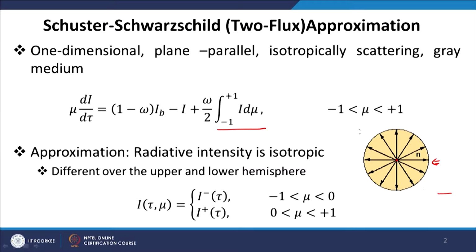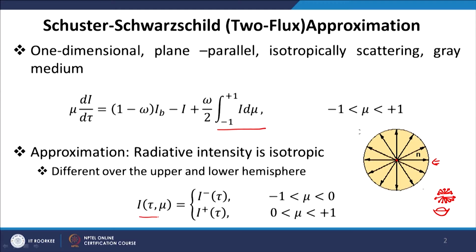So, the intensity will follow a certain distribution in the upward direction with the same intensity, and in the downward direction the intensity will be different, but it will be isotropic in all the downward directions. So, this distribution looks like this. We have different intensity in the upward direction and different intensity in the downward direction.